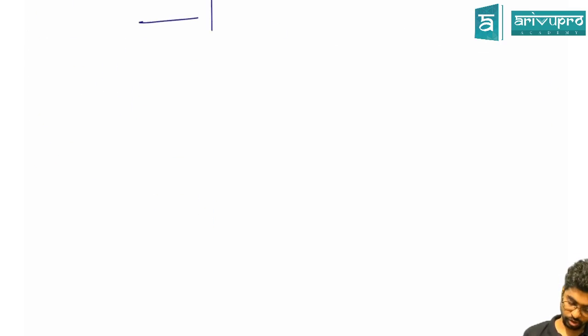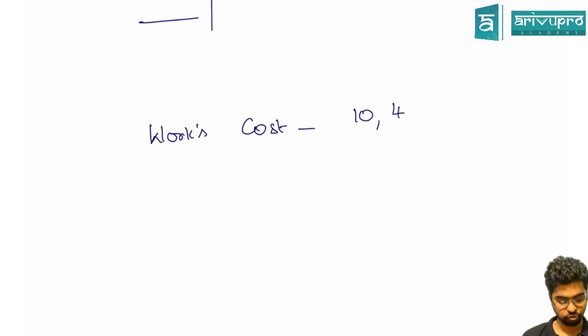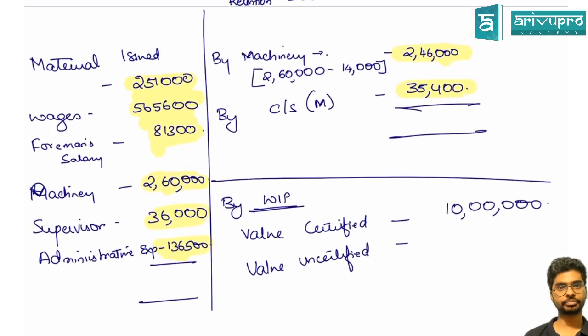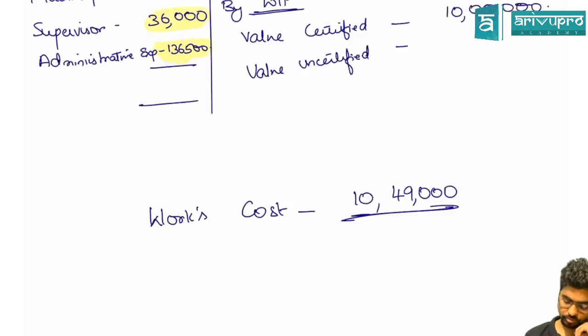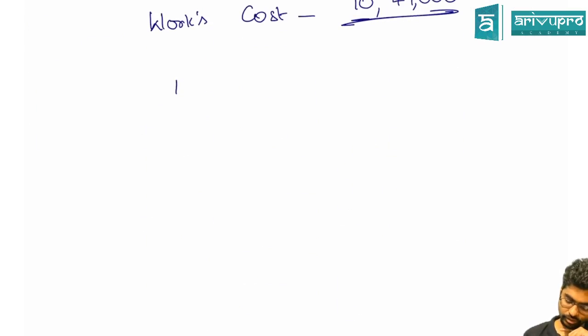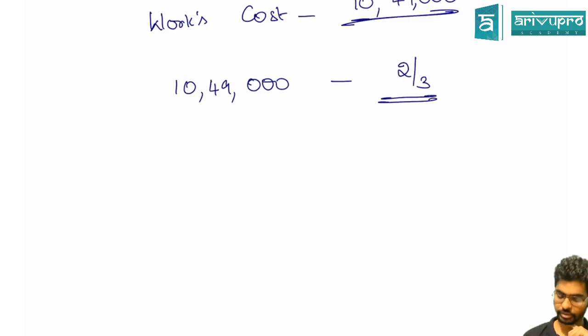Okay, so the works cost comes to 10 lakh 49,000, correct? Are you guys clear? Now they are saying 10 lakh 49,000 is for 2/3 completion.